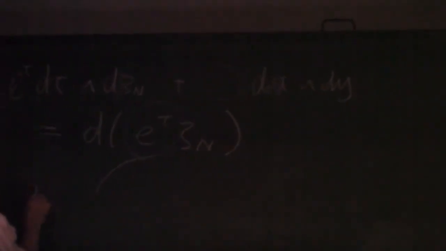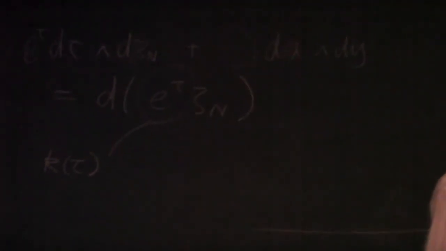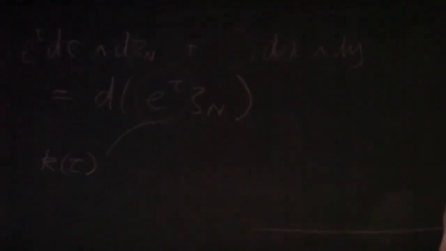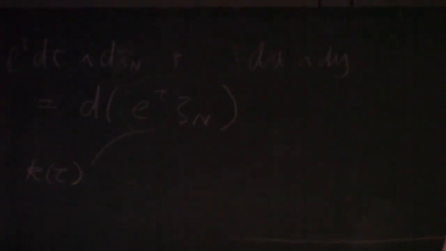So we replace this one with k of tau, and also what we need was some constant times lambda times d tau dx plus mu times dy zeta n. This is what we want, and this is what we have.